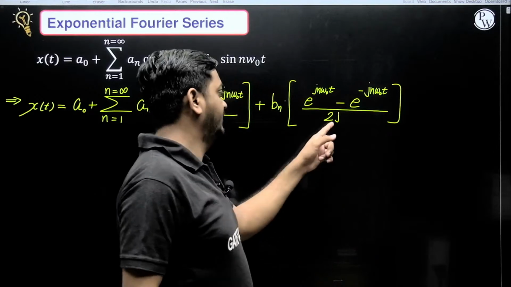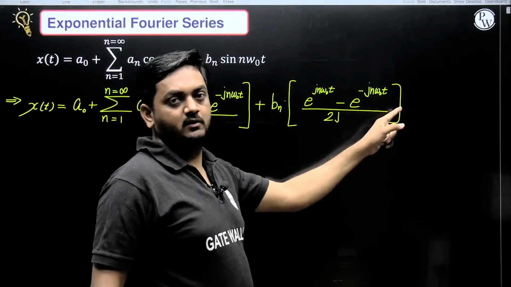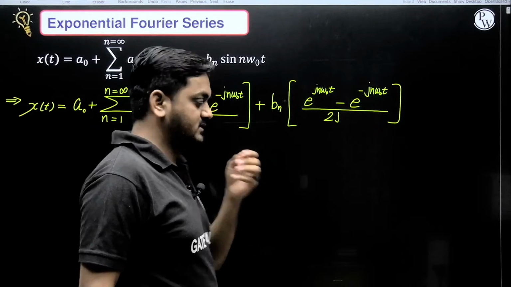Now if you multiply j in denominator and numerator, here minus, correct.